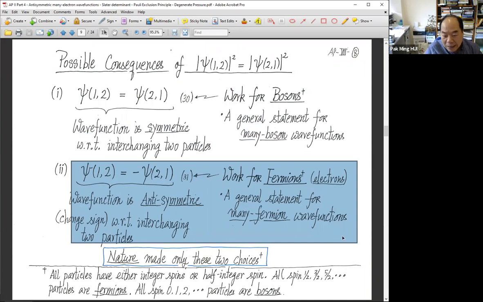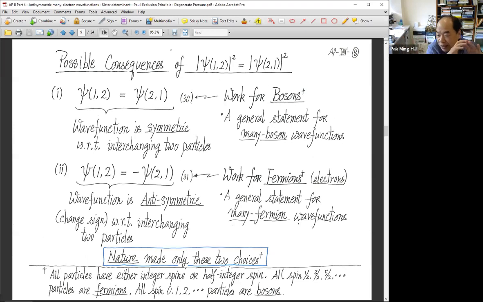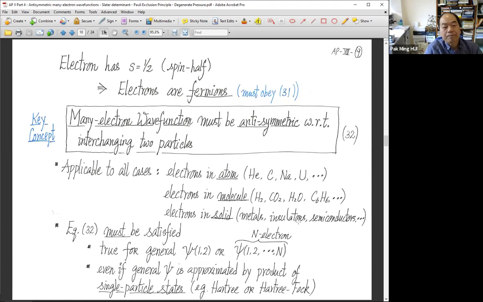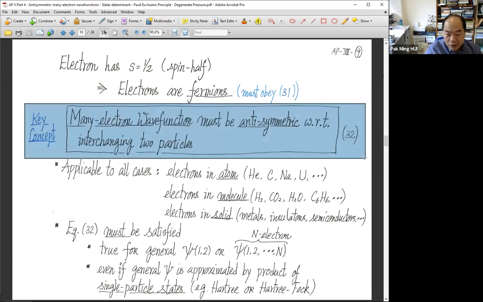So that is the conclusion I set out on page 1 of this section. This is the conclusion after the discussion. When we handle many electron wave functions, including the helium ground state, we must construct the wave function such that when we interchange the coordinates of the electrons, it is off by a sign. That is the requirement.